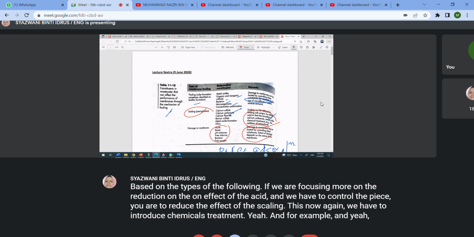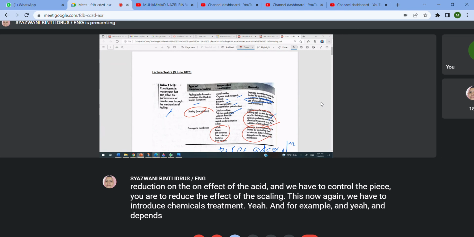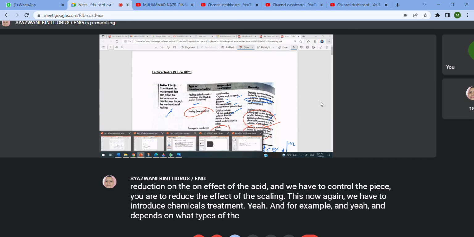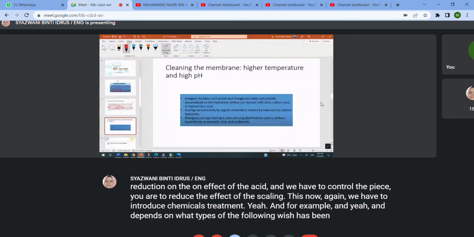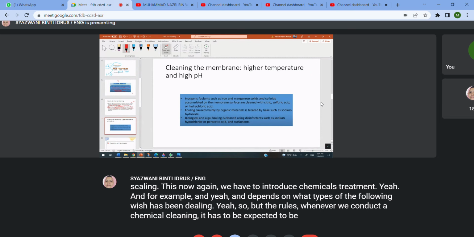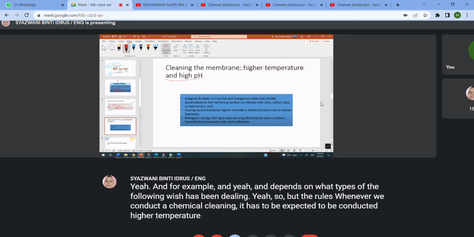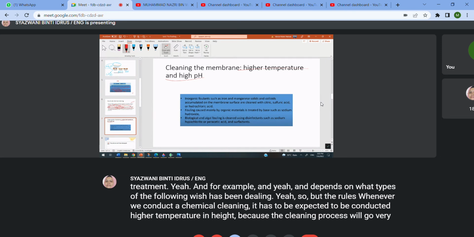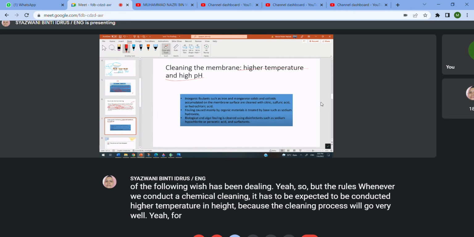It depends on what types of fouling have developed. But the rule is, whenever we conduct a chemical cleaning, it's better to conduct it at higher temperature and high pH, because the cleaning process will go very well at higher temperature and high pH.